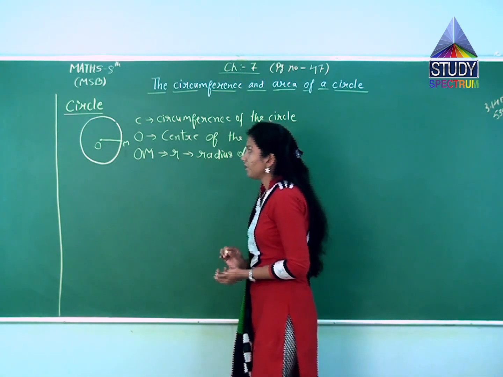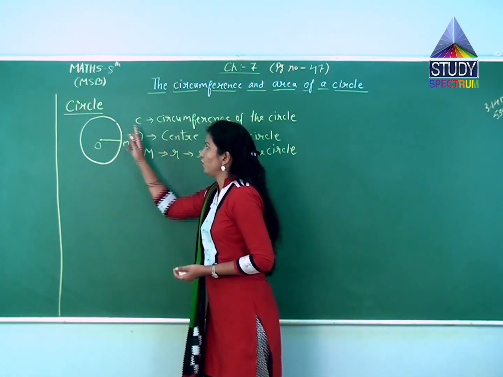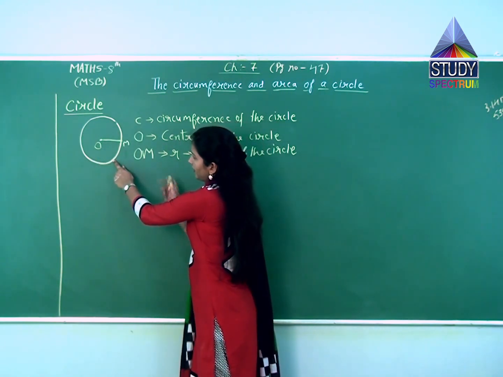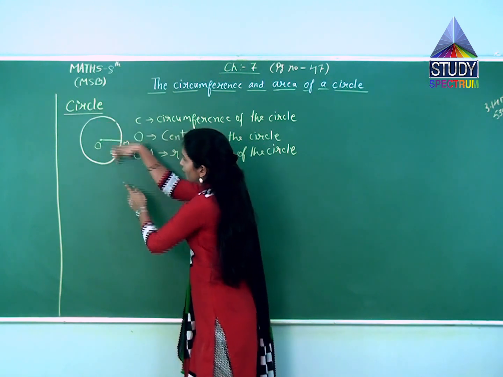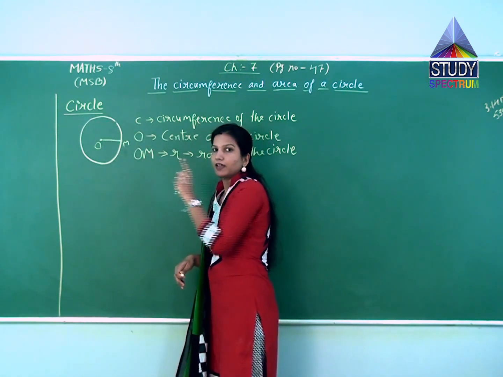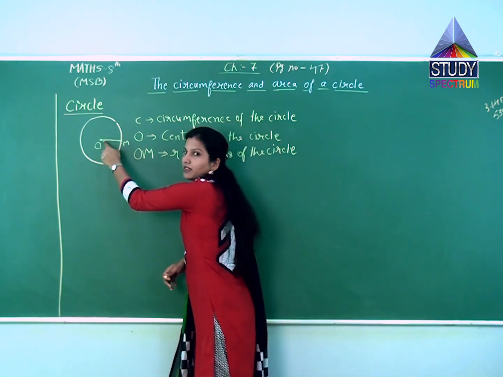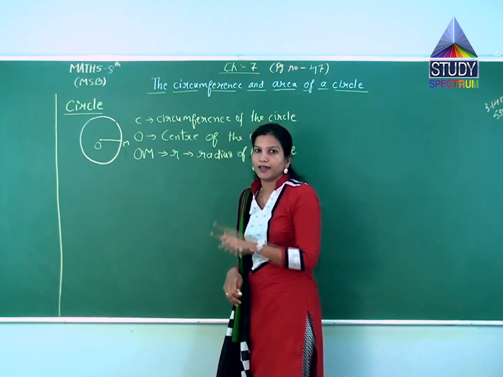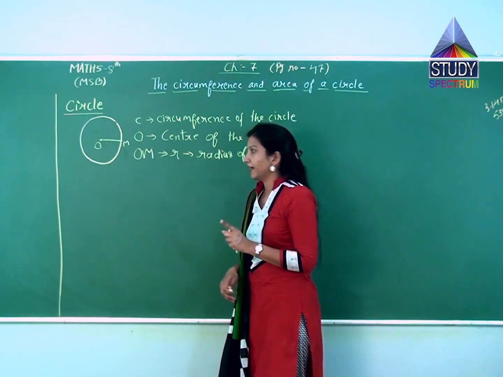Now, if you join 2 points of circle, means if one point is here and if one point is here, if you join the 2 points of the circle and the joining line is going through the center of the circle, then that line will be called your diameter.